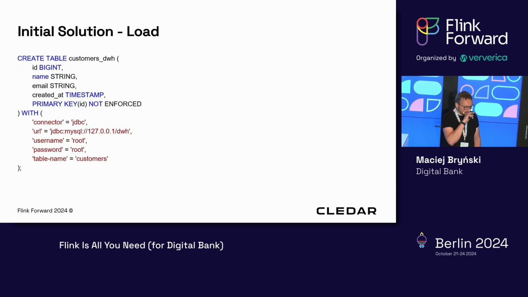For load, it's even simpler because we can reuse the Kafka definition from the extract job. And we need just to use the JDBC connector to add a JDBC sink to our data warehouse.